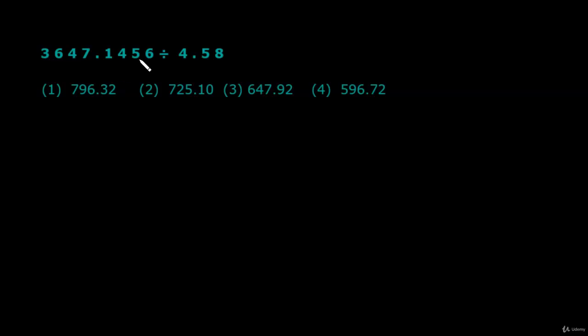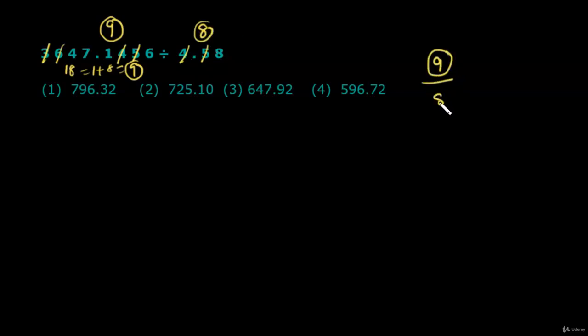Now here the digital sum of the numerator is 9. Here 4 plus 5 is 9, so 8 is the digital sum of the denominator. So that means the digital sum of the numerator is 9 and the digital sum of the denominator is 8.